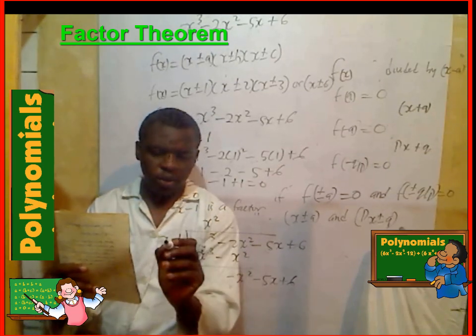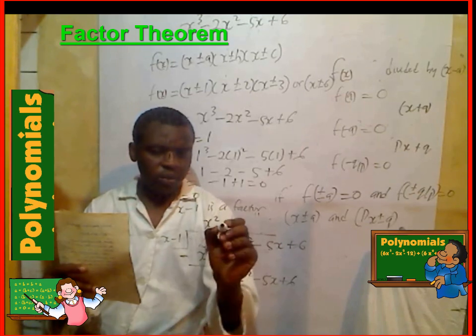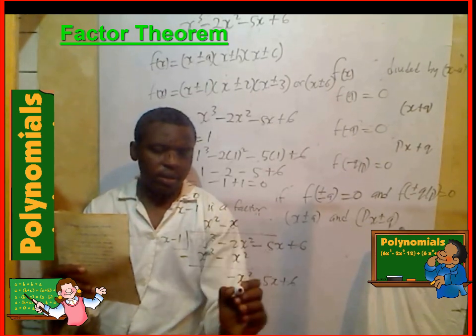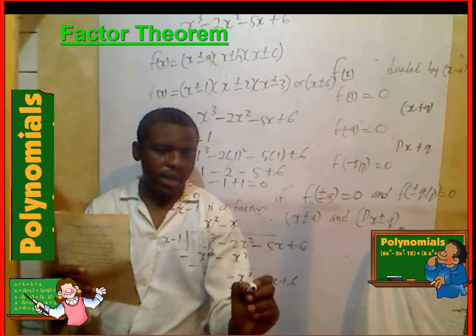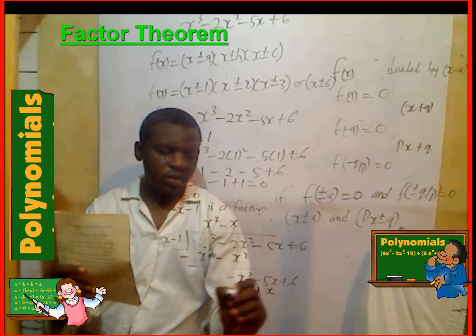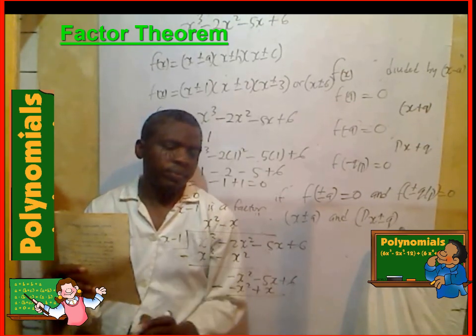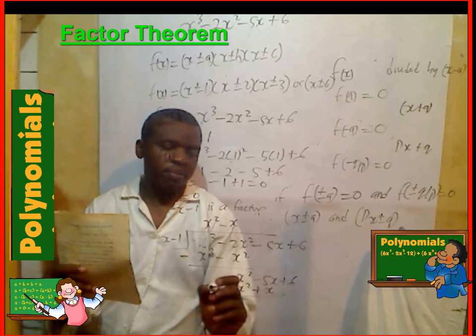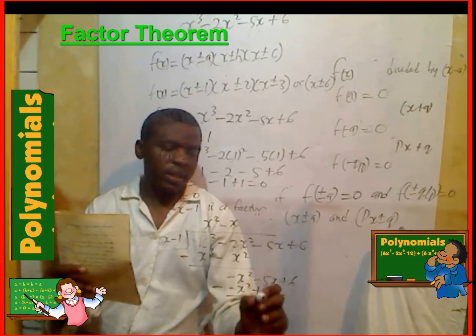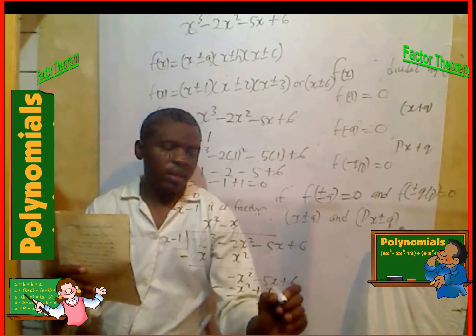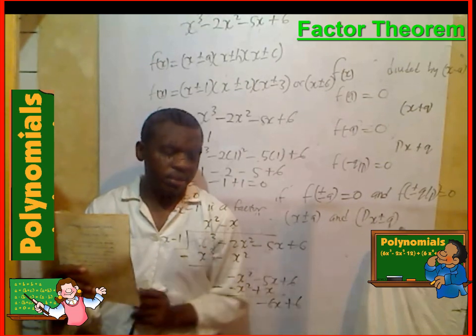What do I multiply x to get minus x squared? So that will be minus x, giving minus x squared plus x. I then subtract minus 5x minus x, that will be minus 6x, and I bring down the other term, 6.